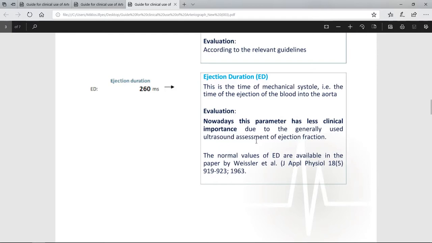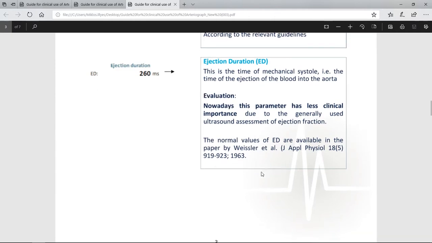This parameter has no clinical importance nowadays because the generally used ultrasound assessment of the ejection fraction has put it away, and so this parameter is not taken into account in the daily evaluation of the arterial stiffness parameters. If anybody would like to see the normal values of the ejection duration, they are available in the Weissler paper published in the Journal of Physiology in 1963.